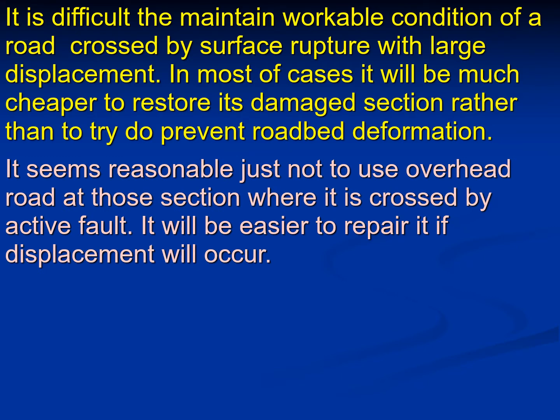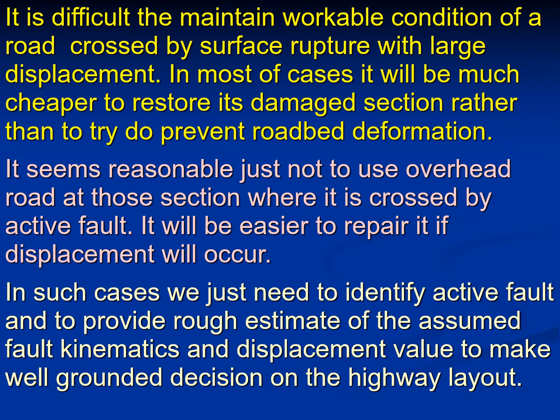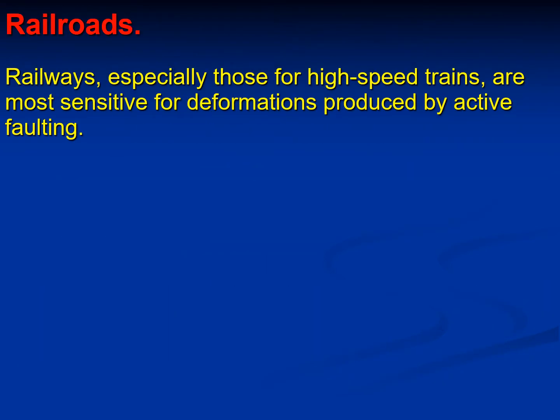It seems reasonable just not to use, say, an overhead road at those sections where it is crossed by an active fault, because it will be much easier to repair if displacement occurs and there is no bridge or overhead section. In such cases, we just need to identify the active fault and provide a rough estimate of the assumed fault kinematics and displacement value to make a well-grounded decision on the highway layout. No need to study this fault in very much detail.